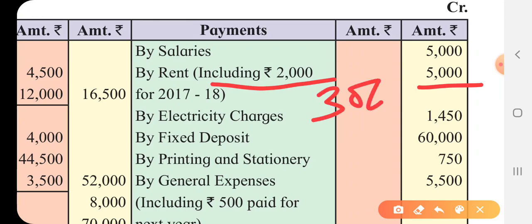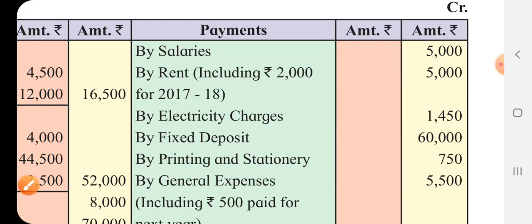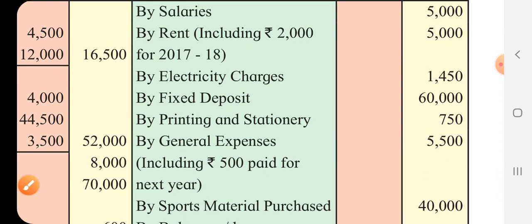Only 3,000 will be debited to income and expenditure account. Then electricity charges, expense, FD is asset, printing and stationery expenditure, general expenses also expenditure.